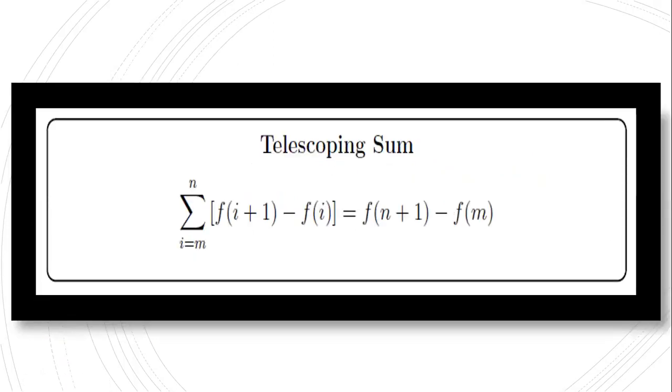Okay, the telescoping sum. We will be giving examples for the telescoping sum in the next video, but we will just have to prove it first here. The telescoping sum states that if you have the summation of f of i plus 1 minus f of i, where i ranges from m to n, this complicated sigma notation can be easily written in a simple form: f of n plus 1 minus f of m.